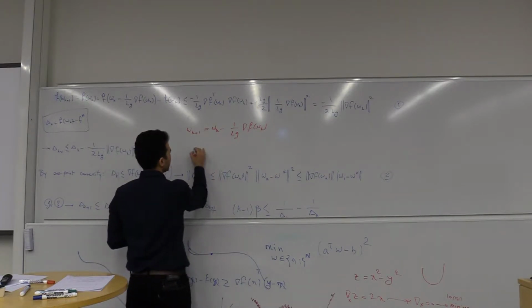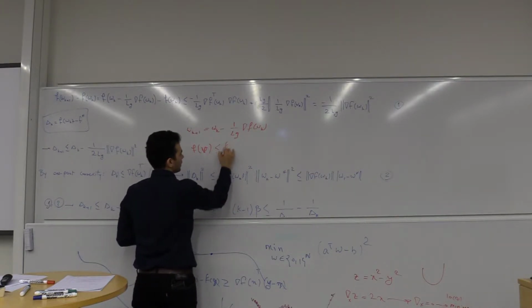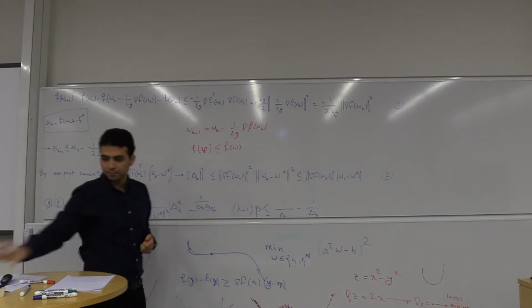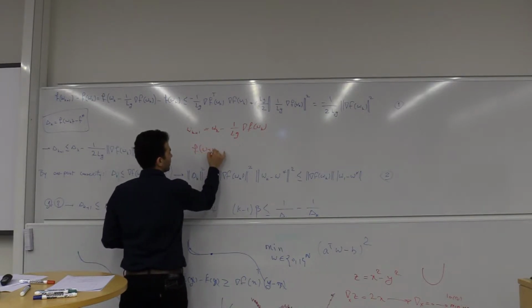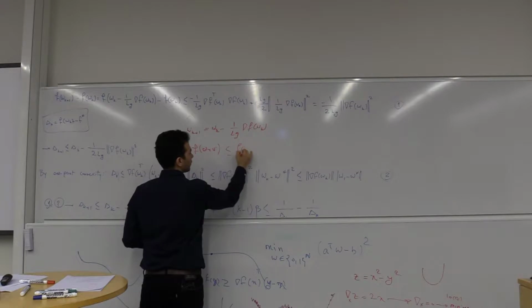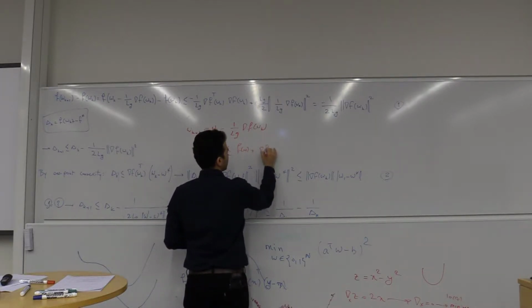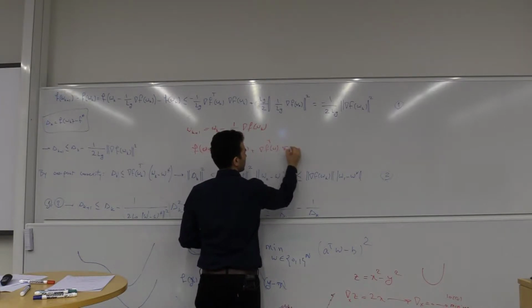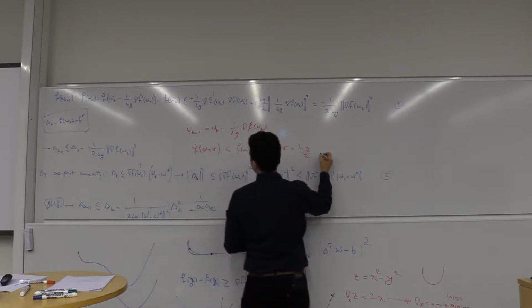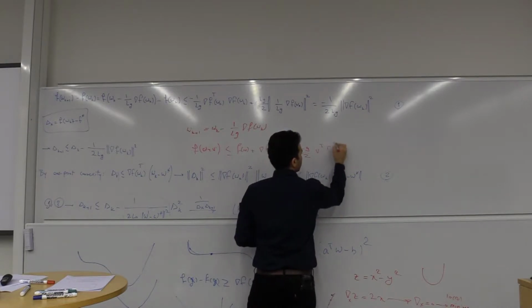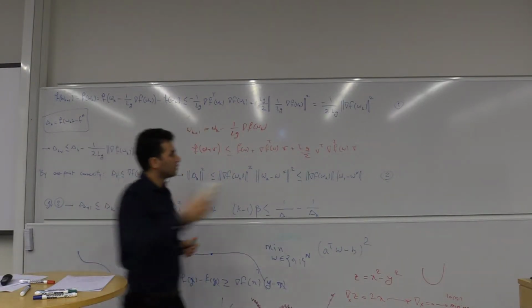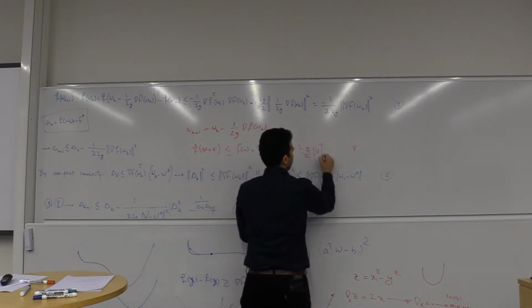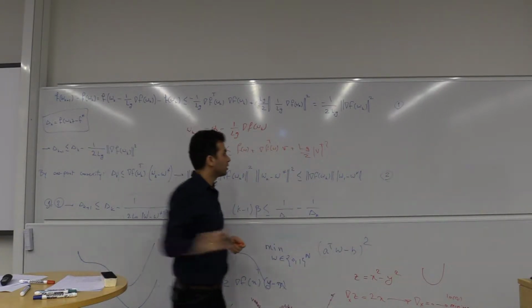So L_g smoothness means that, let's make it even easier, f of w plus v, for every v, is smaller than or equal to f of w plus gradient of f at w transpose v plus L_g over 2 times the norm of v squared.